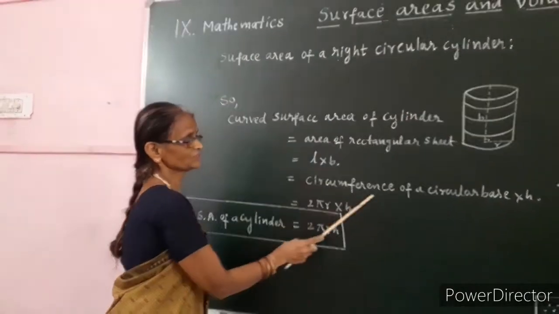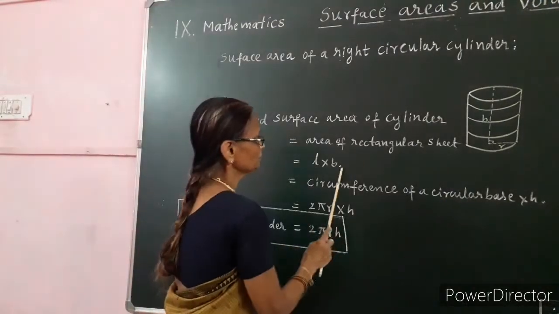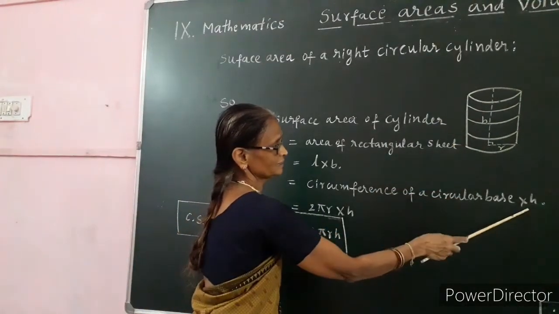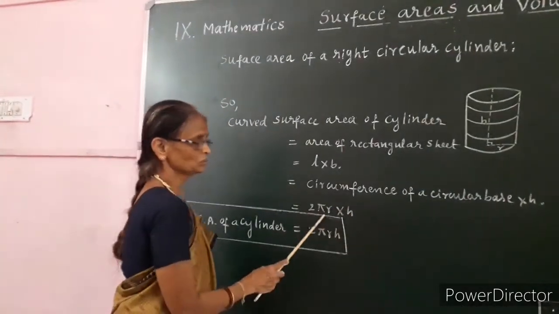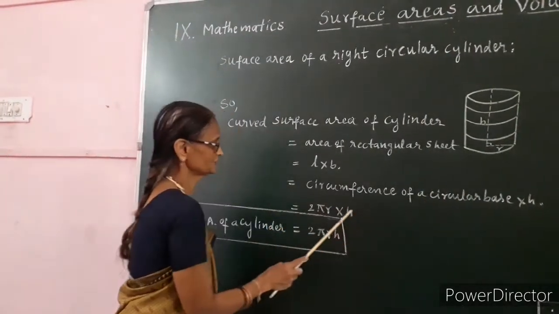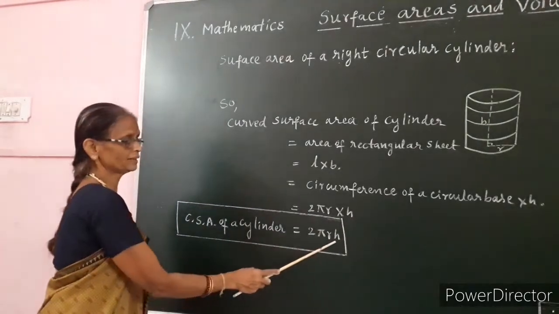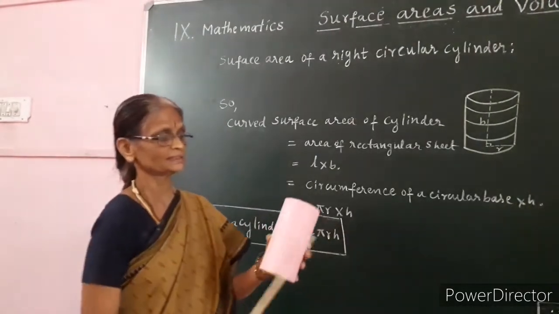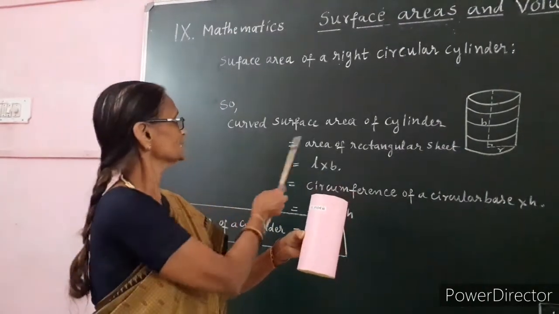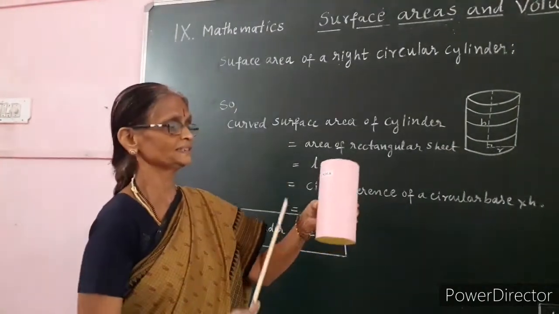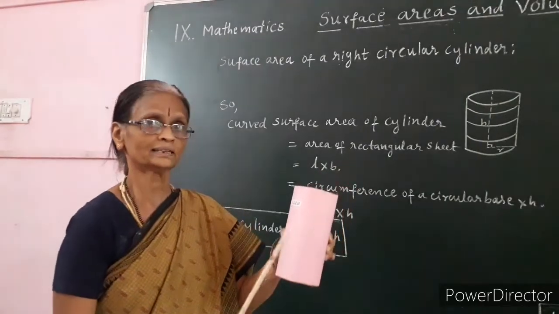So circumference of the circular base into H. The circumference of a circular base is 2 pi r, into H, that equals 2 pi r H. Now this is the curved surface of the cylinder. We have to form that surface. Curved surface area of the cylinder is 2 pi r H.